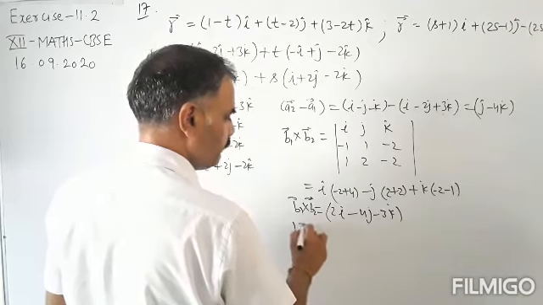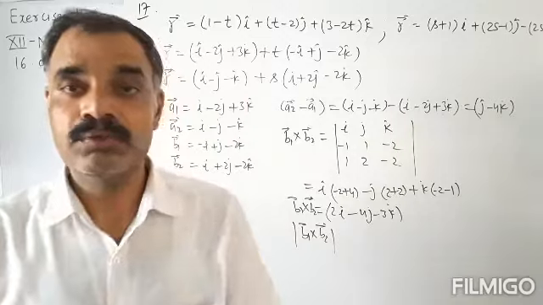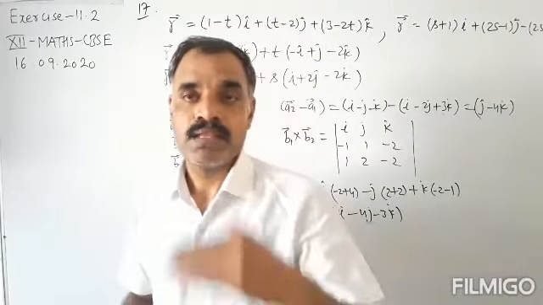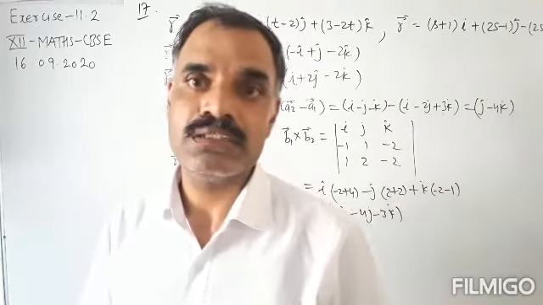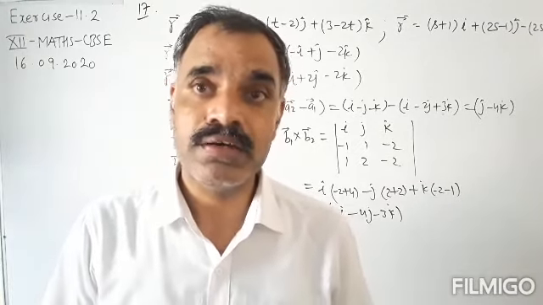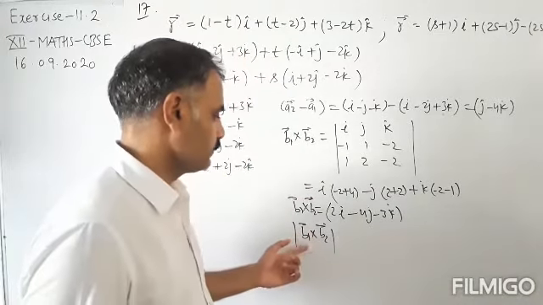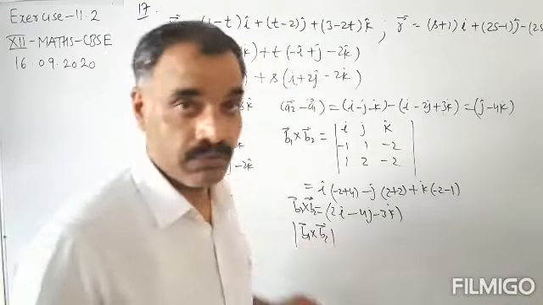Now the magnitude of B1 vector cross B2 vector. We know the formula of shortest distance, so we will find the values that are required. The magnitude of B1 vector cross B2 vector is required.